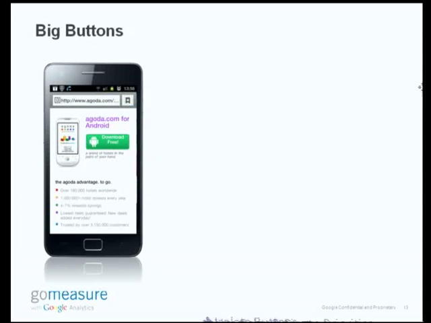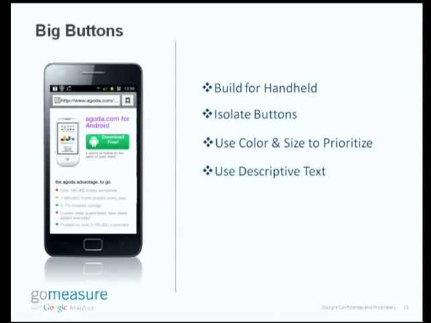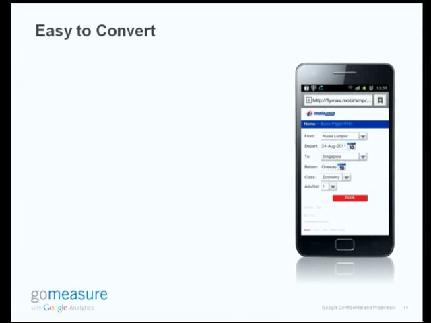And big buttons. Agoda had an Android app, a very enhanced version of its mobile web, and they wanted people to download the app to have a more engaging experience with them. So what they did was they had this button on their landing page with a strong call to action, download free, and it's big, it's calling out to you. So you can easily convert using that as well.